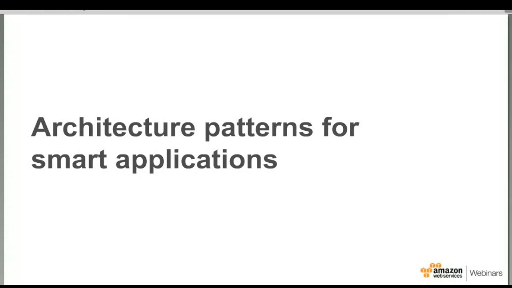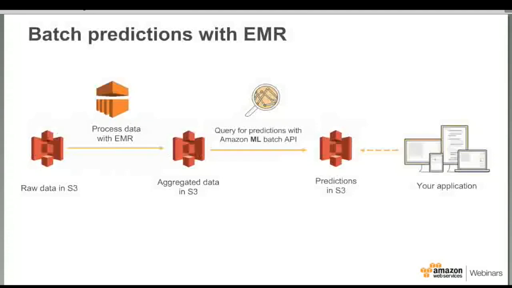All right, last thing I want to talk about in the last couple of minutes is a couple of architecture patterns. How might you use this technology to build applications? A very common pattern among our customers is to start out with raw data in S3. This data is processed with technology like EMR, Pig, or Hive, whatever it is, and aggregated data is again output in S3.